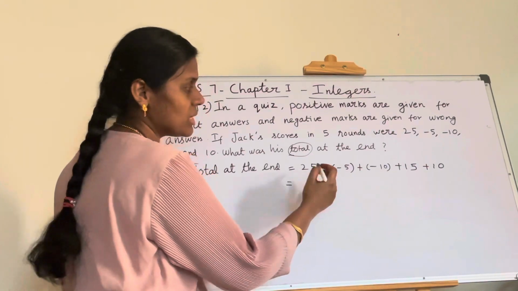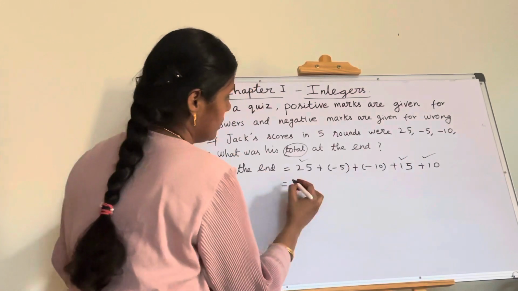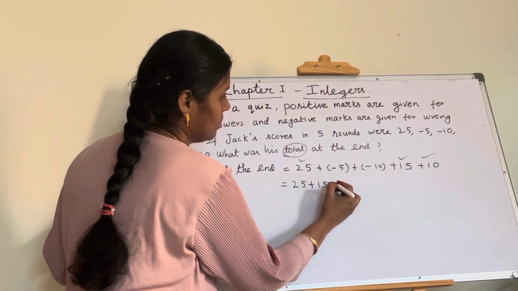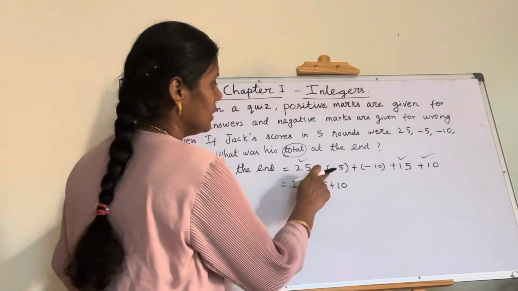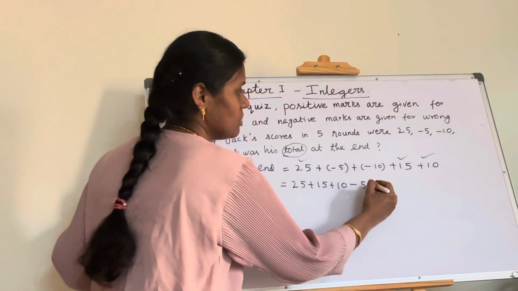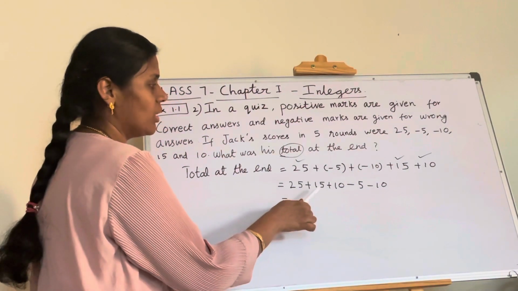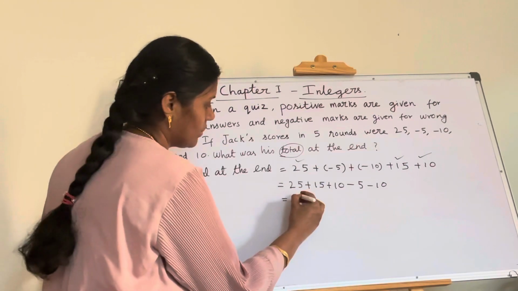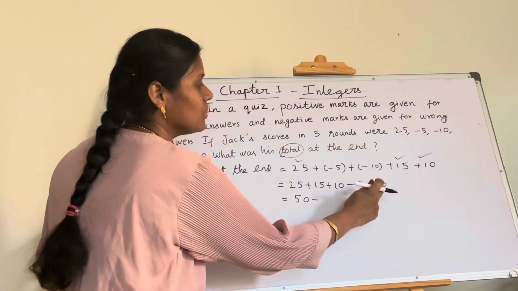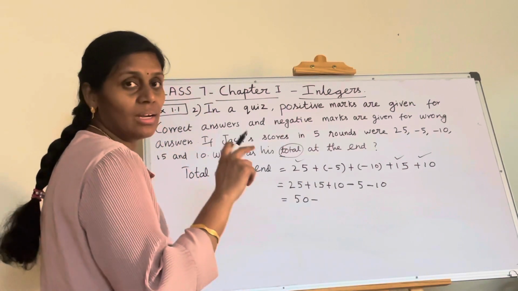First we will group positive numbers together: 25, 15 and 10. So 25 plus 15 plus 10. Here plus minus is minus: minus 5. Here plus minus is minus: minus 10. So 25 plus 15 is 40. 40 plus 10 is 50. If both signs are negative, you have to add both numbers and put the negative sign.